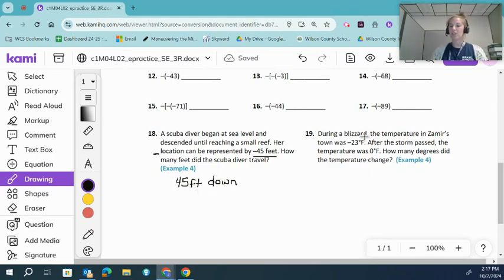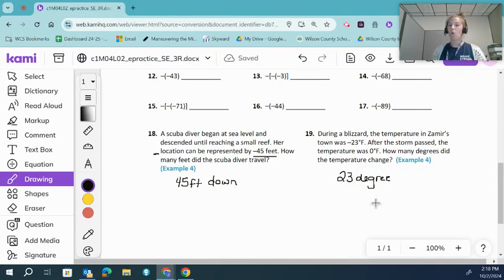During a blizzard, the temperature in Zamir's town was negative 23. After the snowstorm passed, the temperature was 0. How many degrees did the temperature change? It went from negative 23 all the way to 0, so it changed 23 degrees and it increased 23 degrees.